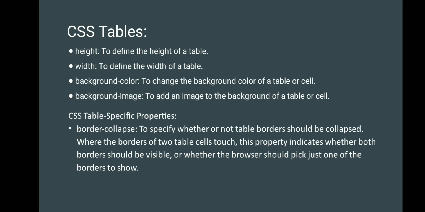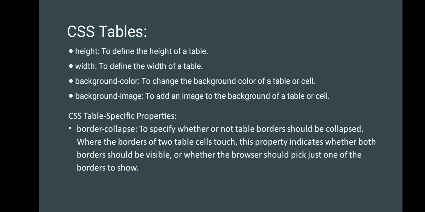Height and width properties. These are used to set the table height and the table width. These two properties are mainly used to set the table layout. Background color, we use to set the background color of the table or a cell or a row.